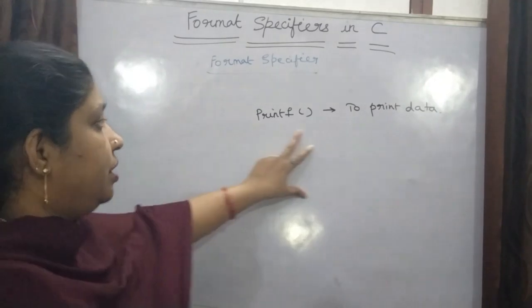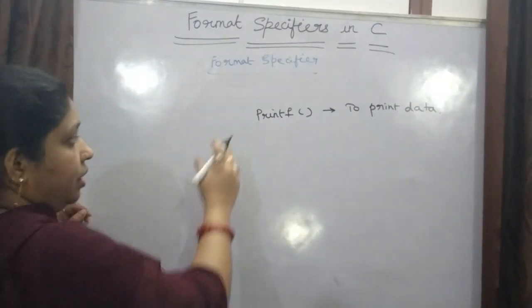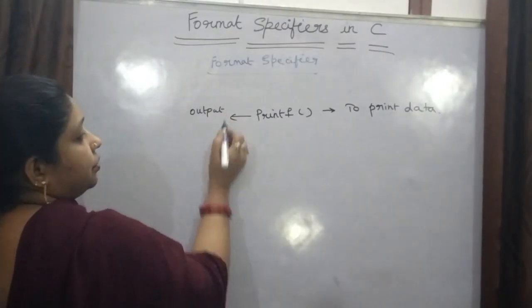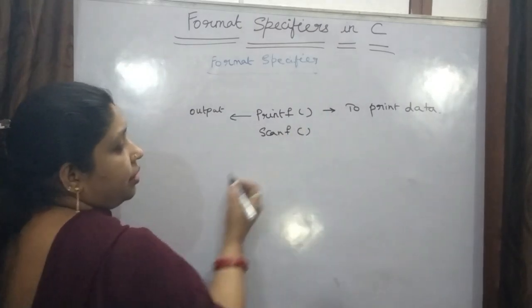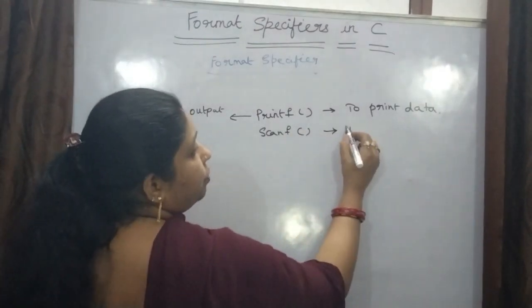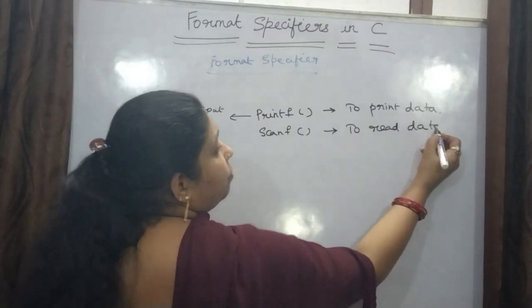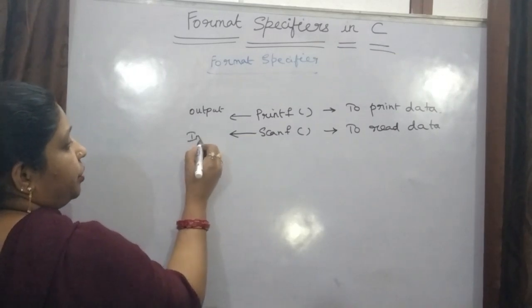When you are using this, that means this is used for output. And the scanf function is used to read the data. What is reading? This is used for input.